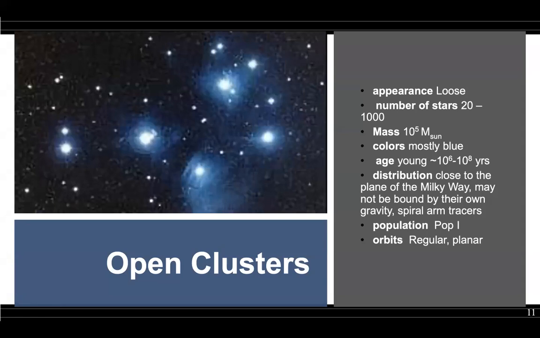Hence, star formation in our galaxy and in all spiral galaxies is happening in the disk, while the halo is devoid of gas, or even if there is gas, it is in a diffuse state.